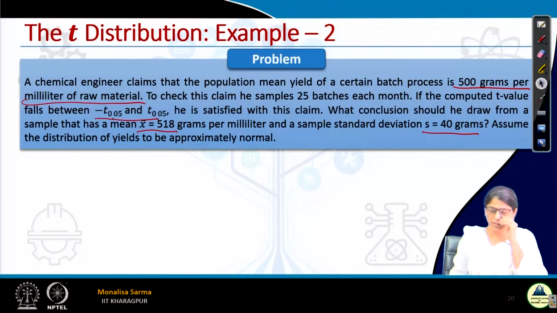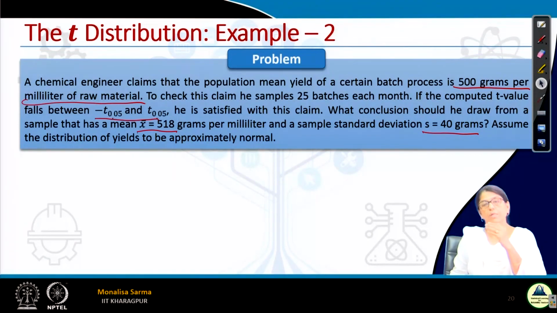For checking, he has taken a batch of 25 as his sample size, and from there he has to infer about the population mean. So it will be the sampling distribution of the mean. We have learned two options: we can use the Z distribution or the T distribution. Here we cannot use the Z distribution because we don't know the population standard deviation.